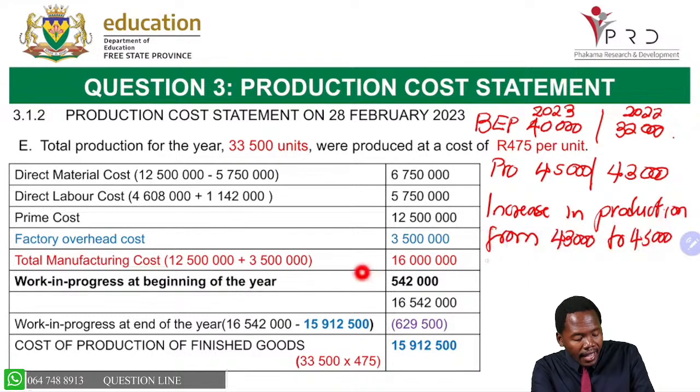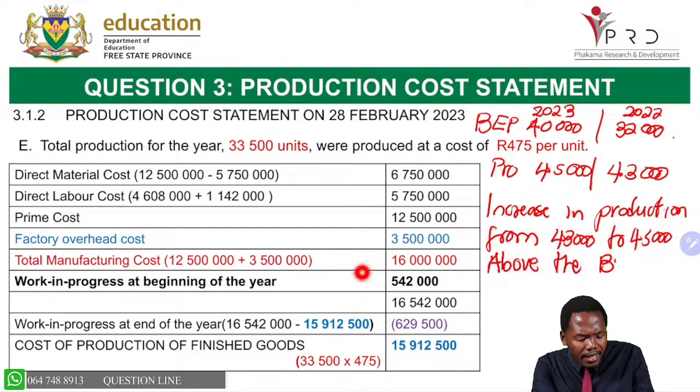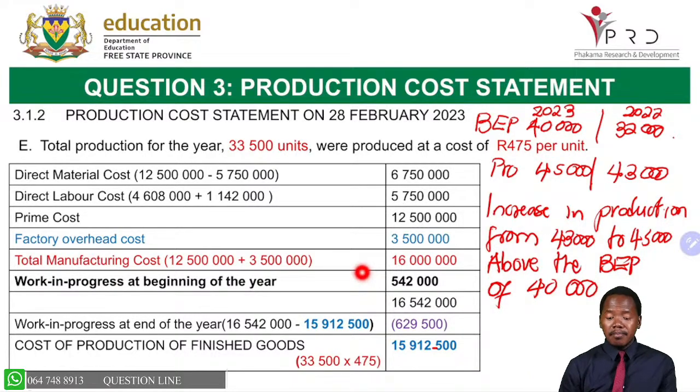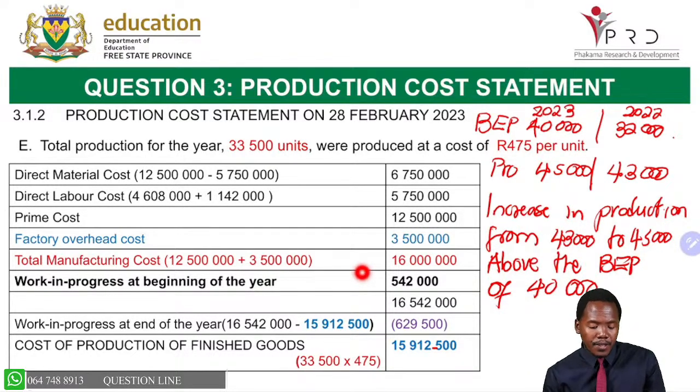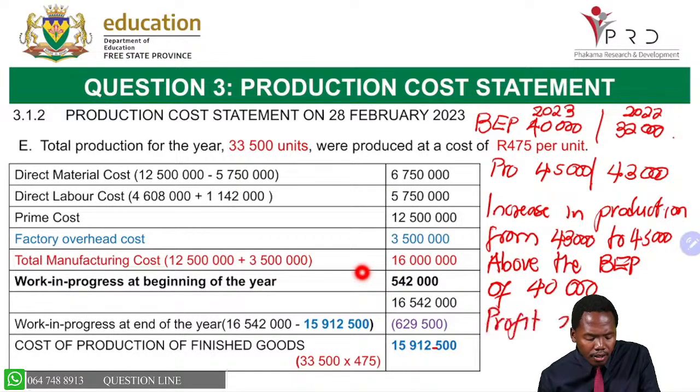Okay? This is also above the break-even point of 40,000 units, meaning the business may realize a profit. This will be our profit now.